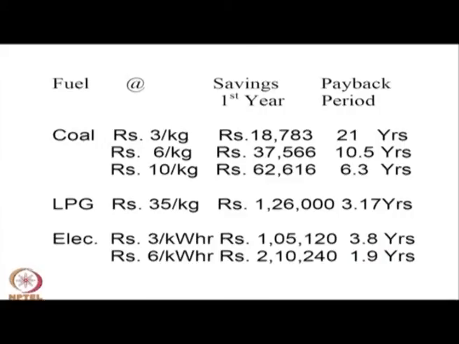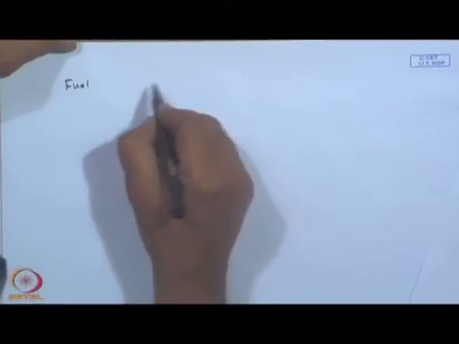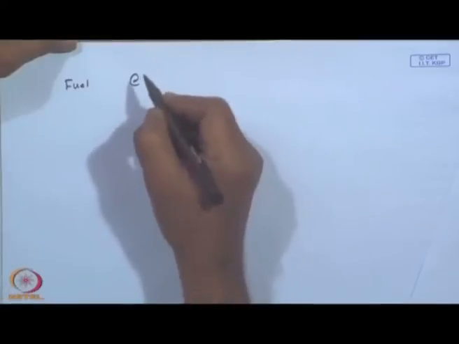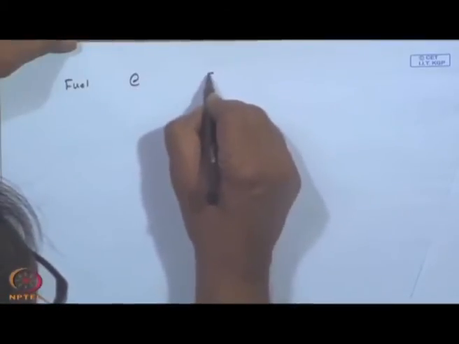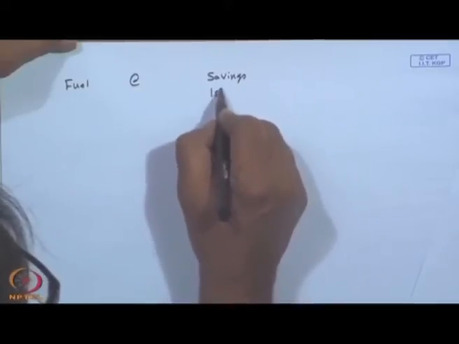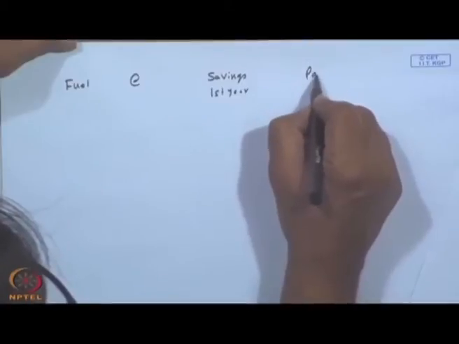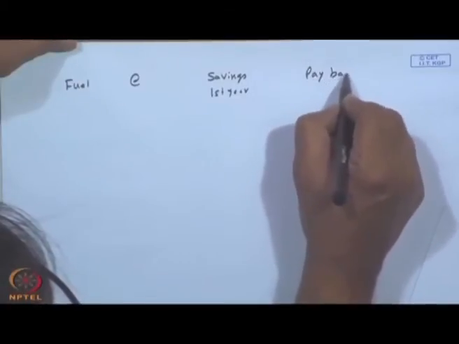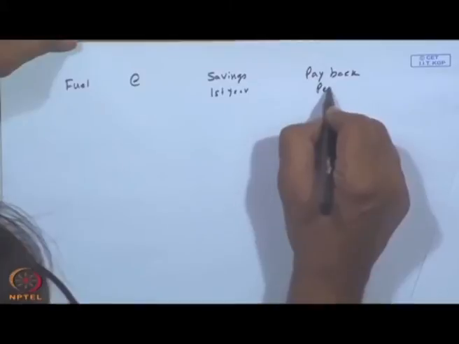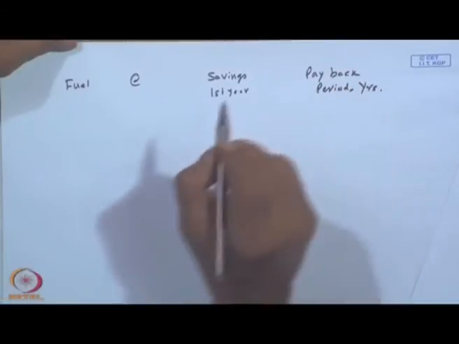So, in a simple form of table I have shown here the fuel, the rate, savings in the first year and payback period in years.